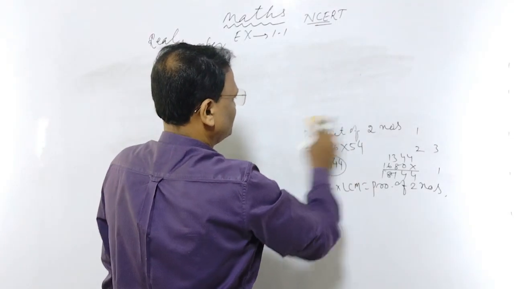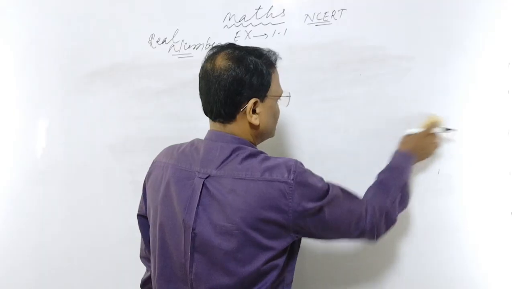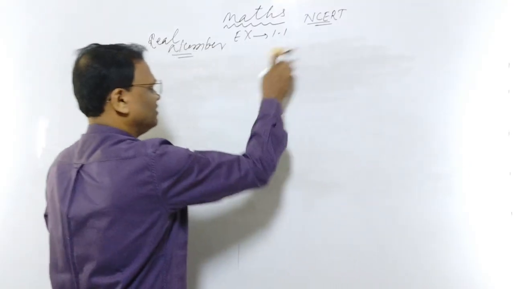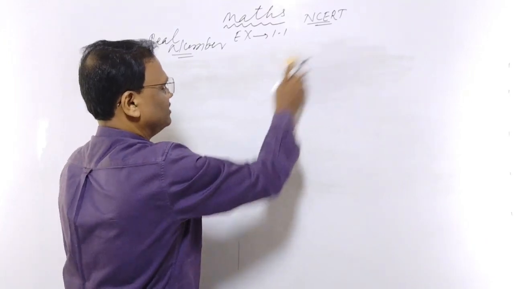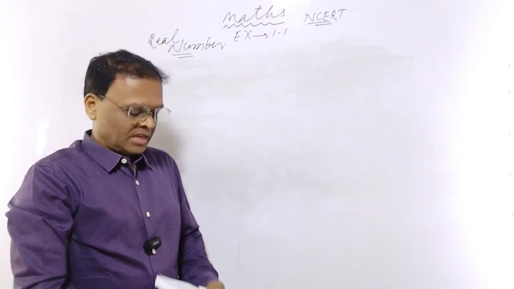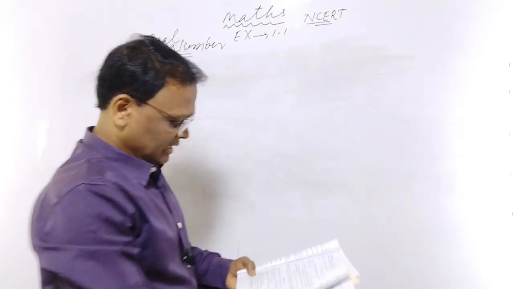Now we are going to the next question, that is question number 4. Question number first over, second over, and third one a bit of like homework I have given to you. Now the fourth one. Question number 4 is, what is given?